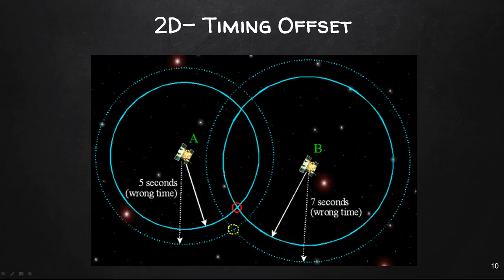If the receiver clock is 1 second fast, ahead of the satellite clock, the receiver will think the distance from satellite A is 5 seconds and from satellite B is 7 seconds. It thinks our position is where the two dotted circles intersect. We obviously have an incorrect position because of timing offset.